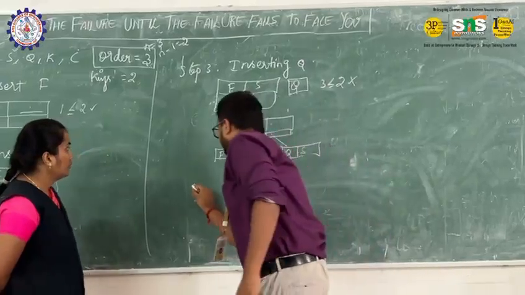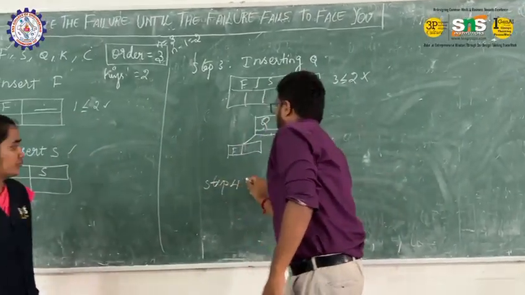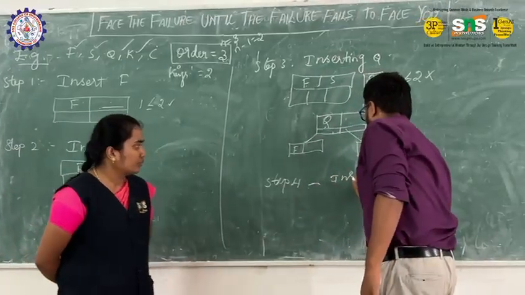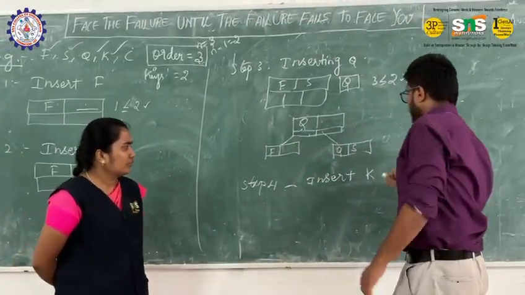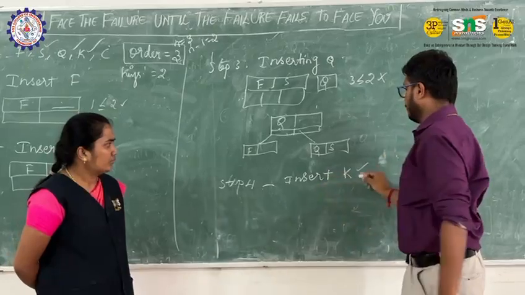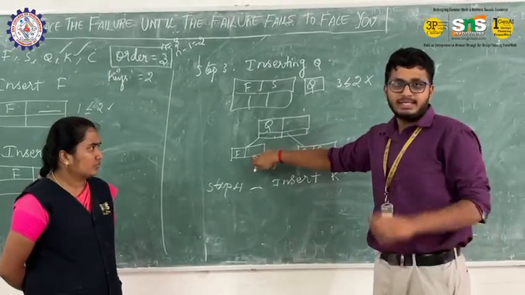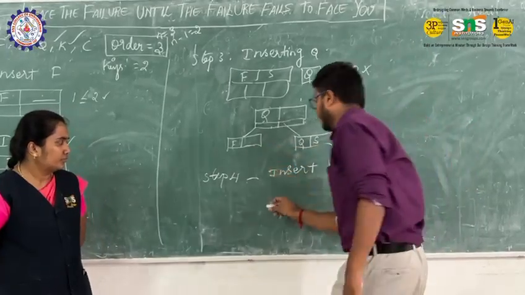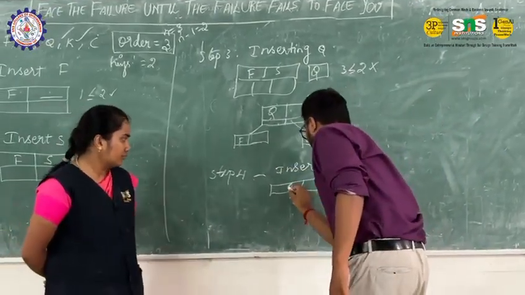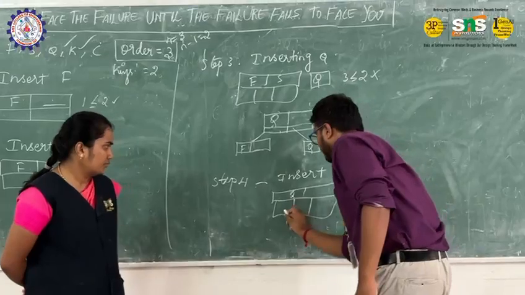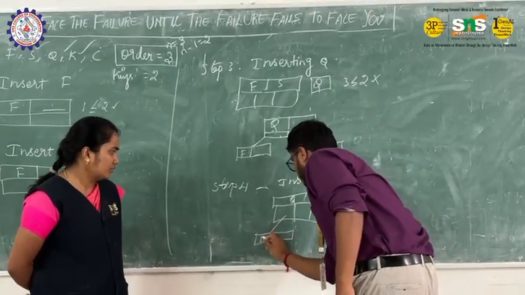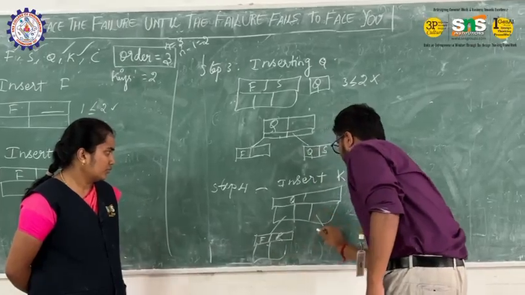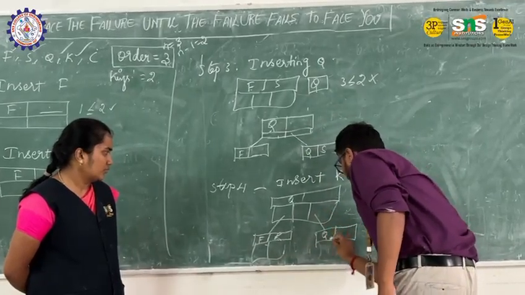In step 4, we are inserting the element K. Element K is less than Q, so it gets placed in the left pointer of Q. In the right pointer, Q and S will be placed.